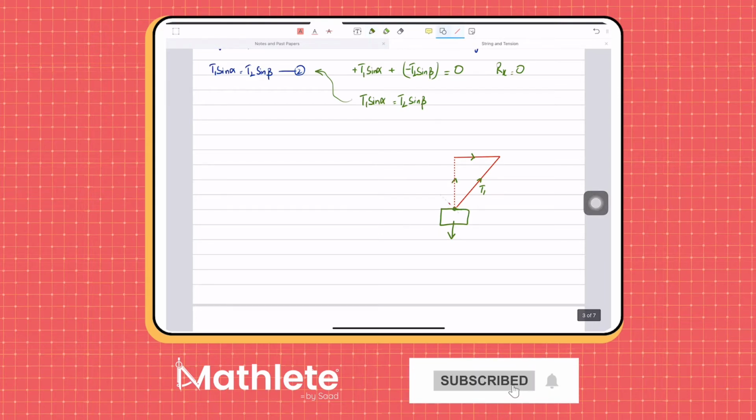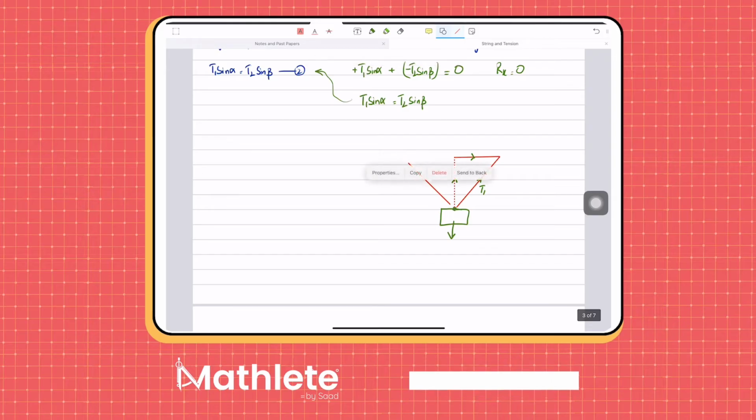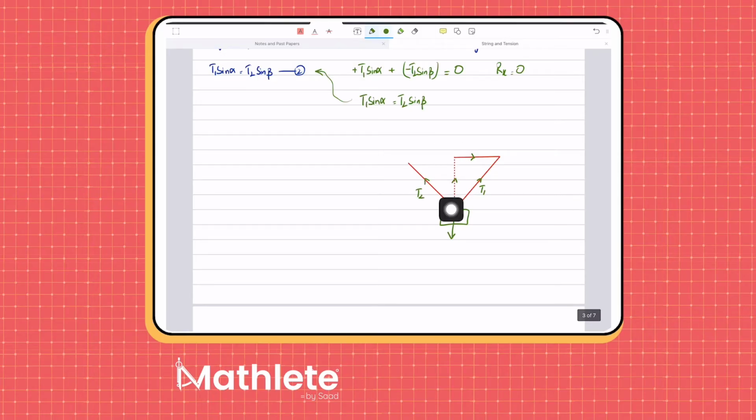Now let's say you have another string, the tension on which we call T2. Where is this T2 compared to this imaginary line, left or right? Towards the left. So the horizontal component due to this tension will also be acting towards the left.